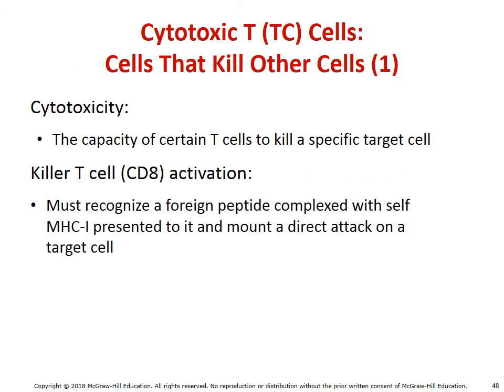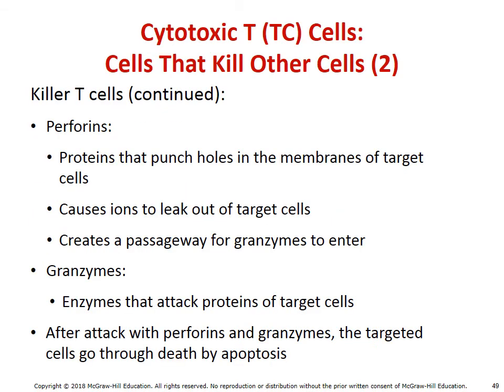So let's talk more about the cytotoxic T cell. The cytotoxic T cell has the ability to kill a specific target. So cytotoxics, or CD8 cells, are going to be able to kill other cells, which is very helpful for us. The killer Ts, cytotoxics, are going to create a hole in the actual target cell by releasing perforin whenever they're activated.